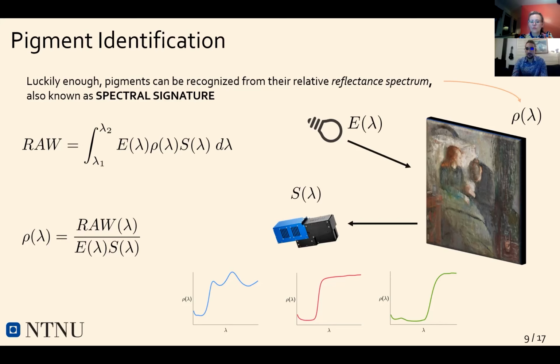The camera on its own has some spectral sensitivity, and then it will provide some raw values. But if we know, and usually we do know, the properties of the camera, and we know what the spectral power distribution of the light is, and there are methods to know that, we are able to get the reflectance of the object that we're looking at. So we will be able to have the spectrum, let's say, of the pigment cadmium yellow.